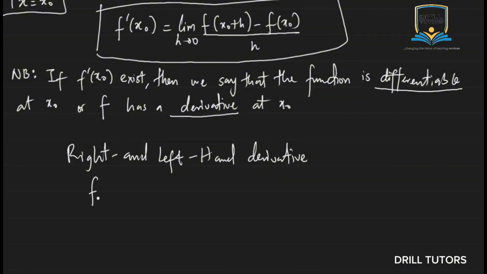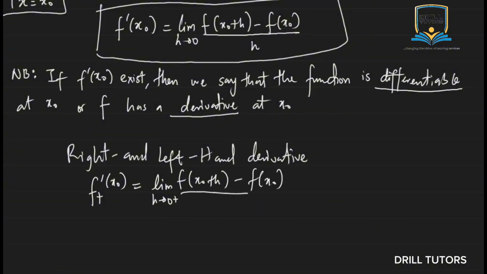Let's start from the right. That's f prime at x naught plus, being equal to the limit as h tends to 0 from the right of f at x naught plus h minus f at x naught, all over h.